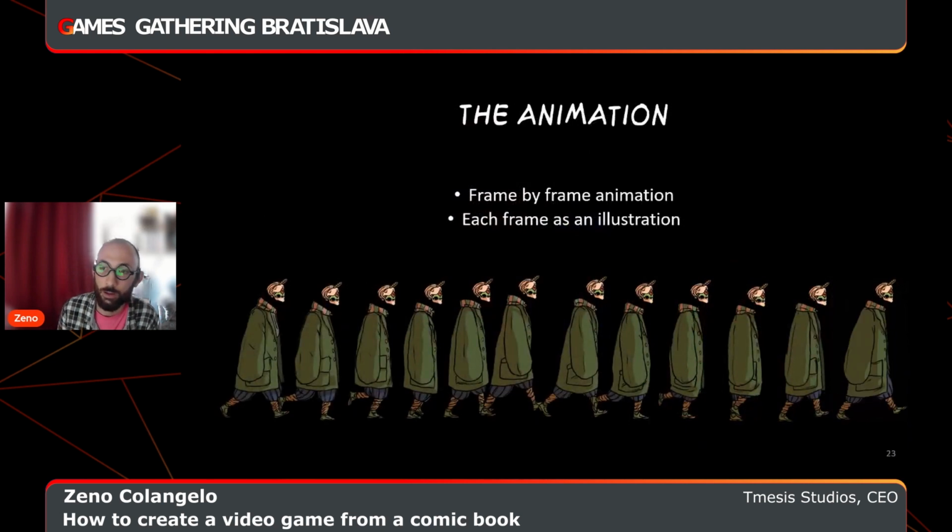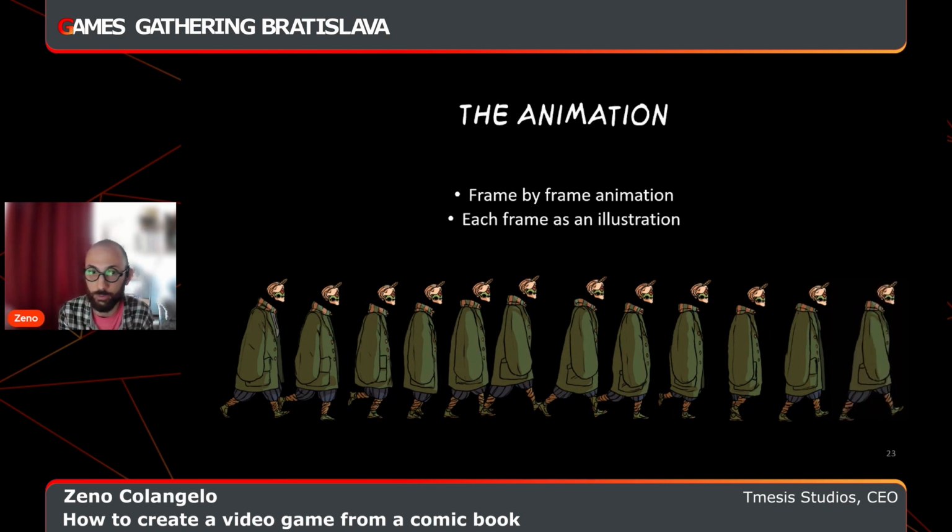Then an important part of the project is obviously the animation. For this game, we chose a kind of animation that is called frame-by-frame animation. This is the kind of animation where, as you see in this image, you work on every frame.